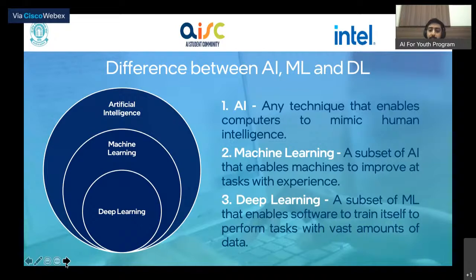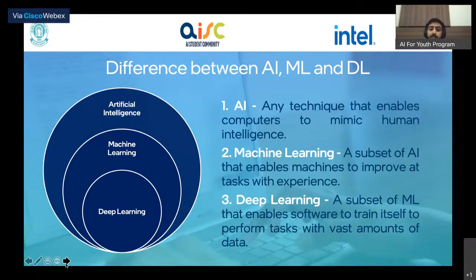If you take a look at deep learning, on the other hand, deep learning is a subset of machine learning. Deep learning is created by getting inspired by the way our human brain works. The way you understand, process, and filter information, deep learning also works in a similar fashion.